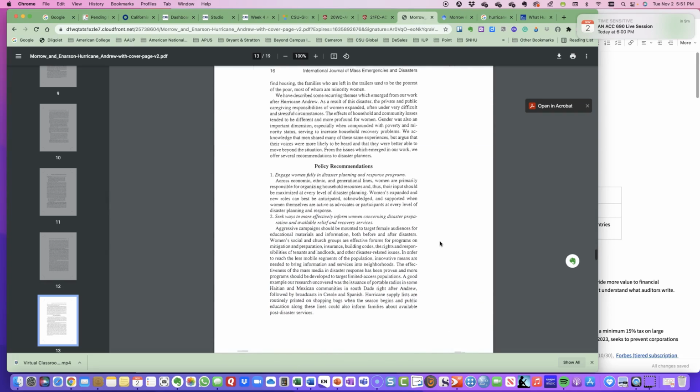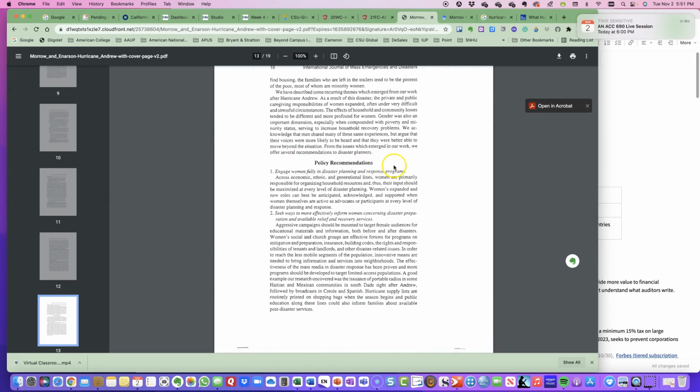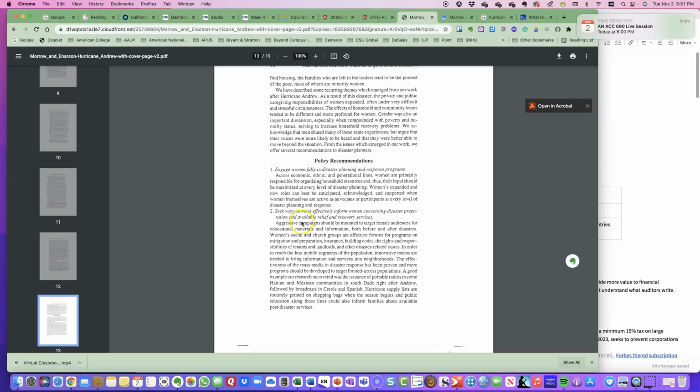So what the article continues to do is give some policy recommendations. So engage women fully in disaster planning and response programs. Right, seek ways to more effectively inform women concerning disaster preparation and available relief and recovery services, right?